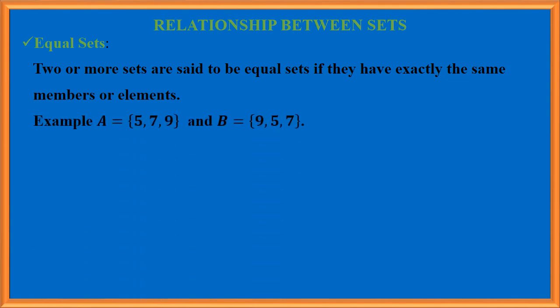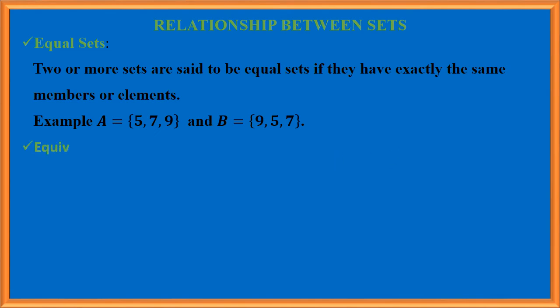For example, set A is equal to {5, 7, 9} and set B is equal to {9, 5, 7}. See that set A and set B have the same elements, but their arrangements differ. So this makes them equal sets.